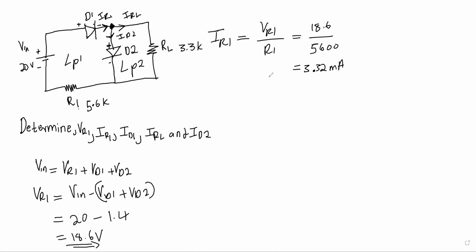That is IR1, which is the total current in loop 1.